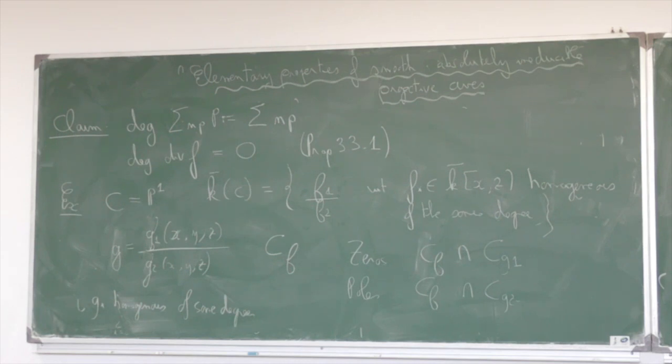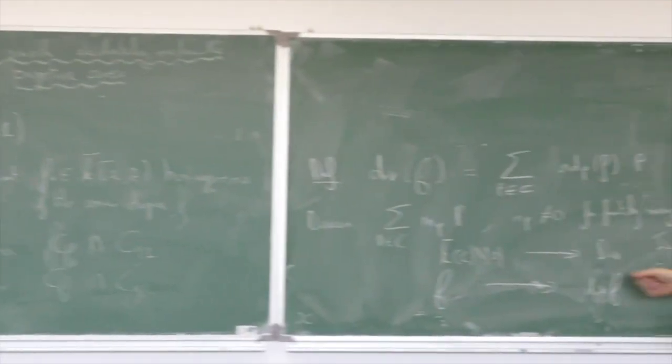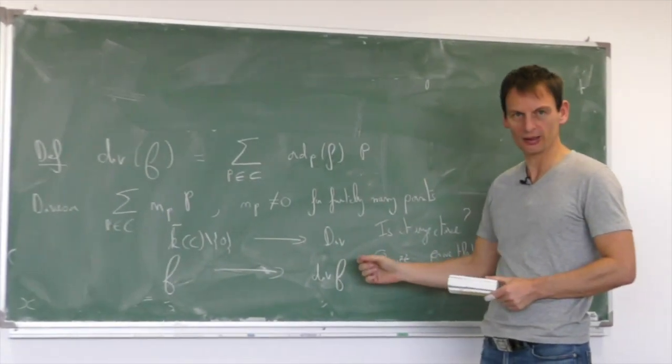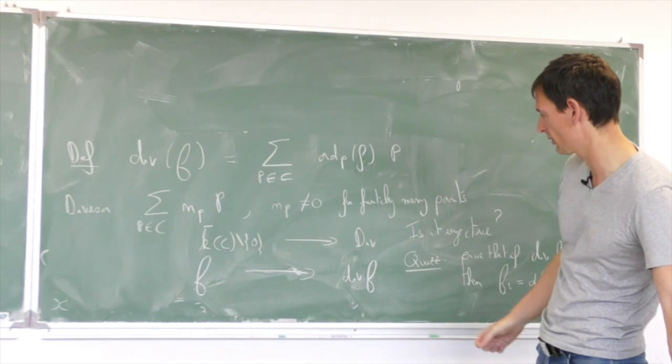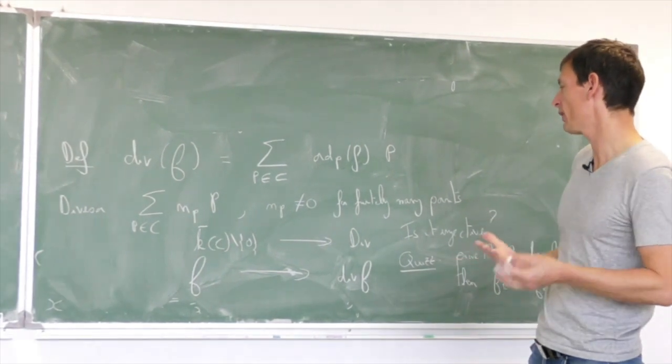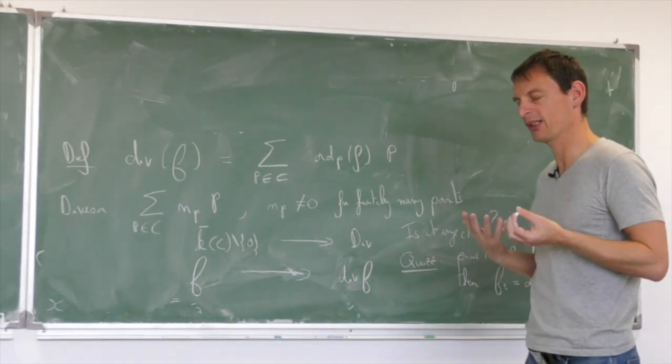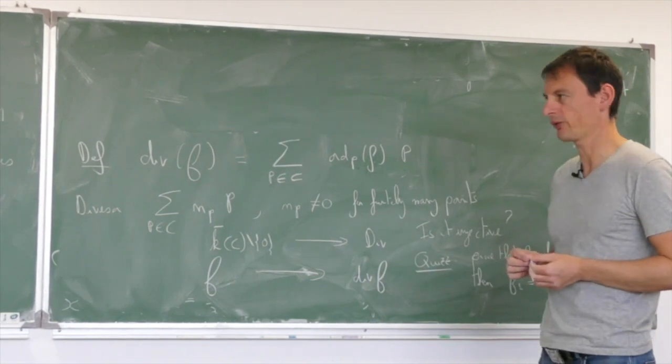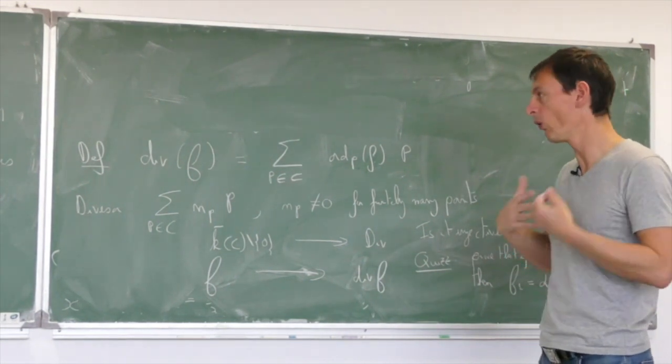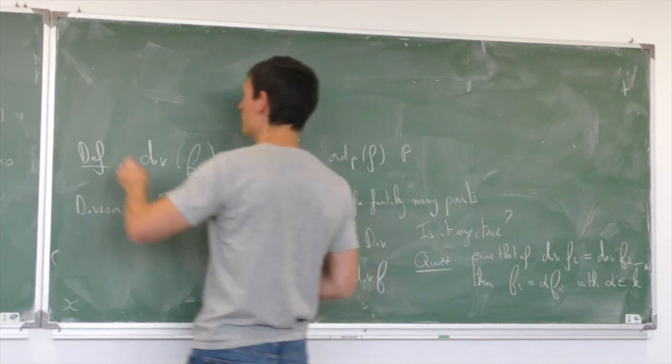All this to say that, yes, indeed, this map that was almost injective is certainly not surjective. But then you could say, okay, well, I can't obtain all kinds of divisors, but maybe I can obtain all the divisors of degree 0.